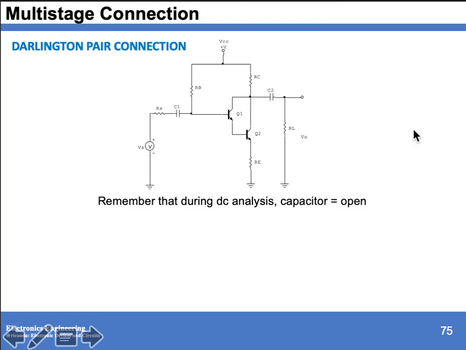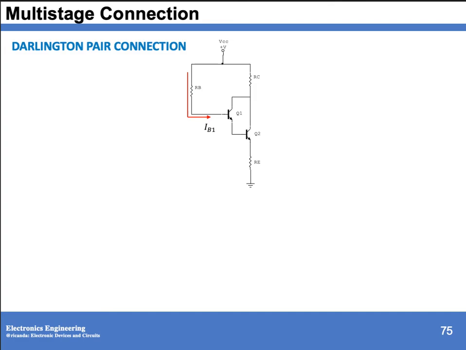And during this analysis, capacitors are open. So we have IB1, then we have your I, which will split into two. We have IC1 and IC2. Then your IE1 is the same as your IB2, and we have your IE2.